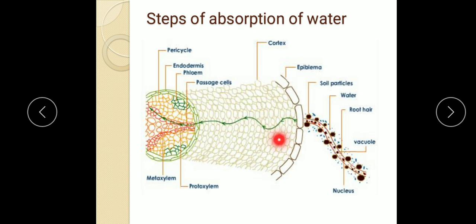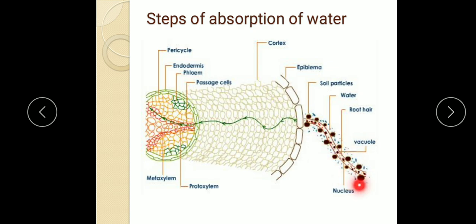So what are the different steps? We start from the first step. What happens in the first step? The concentration of water molecules in the soil is usually higher than it is inside the root hair cells. So this is the root hair cell.